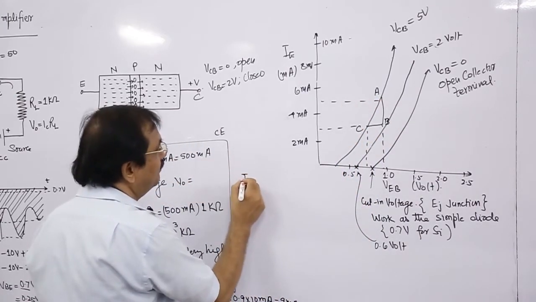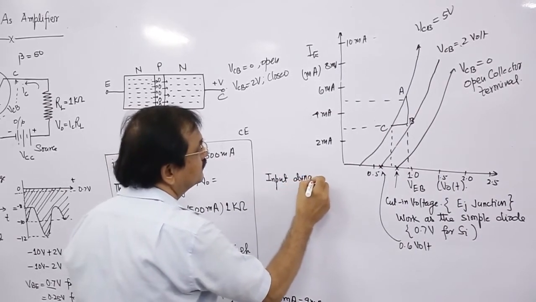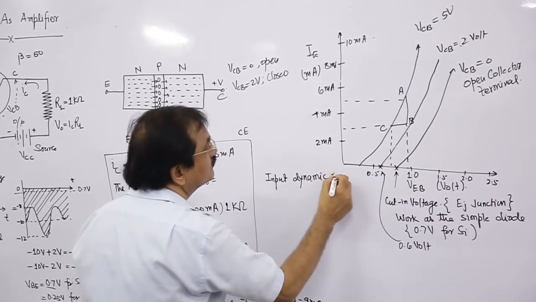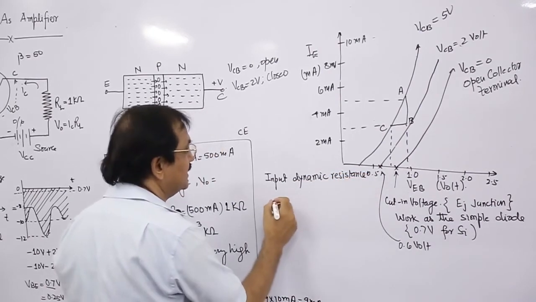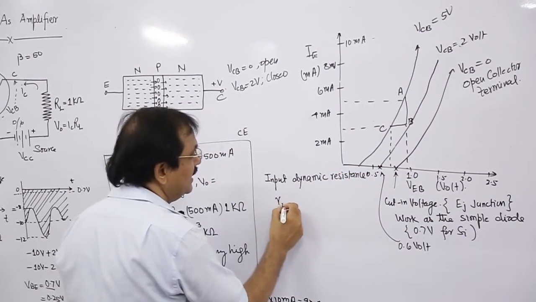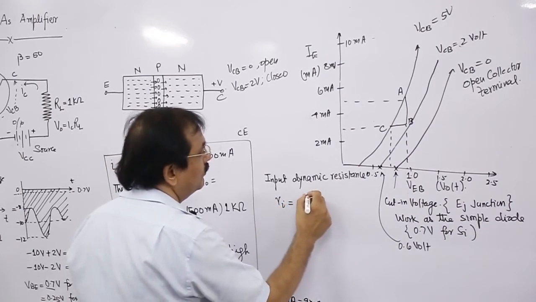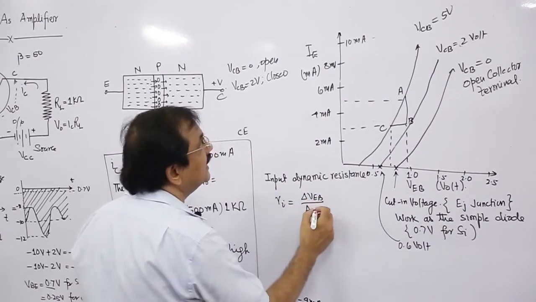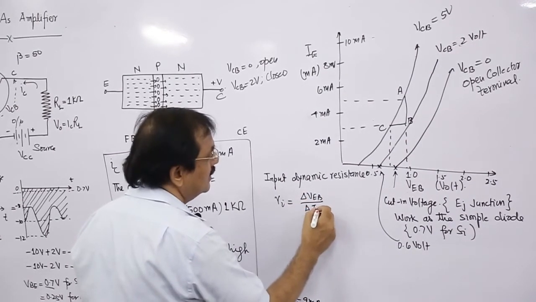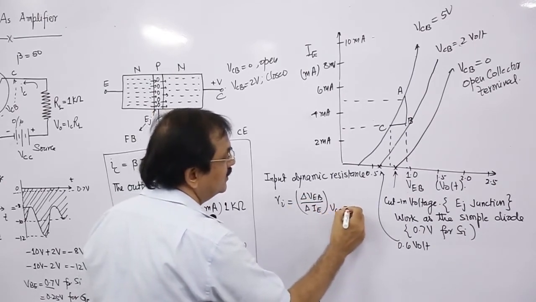So the input dynamic resistance, that is Ri, is nothing but the change in VEB upon change in IE at constant VCB.